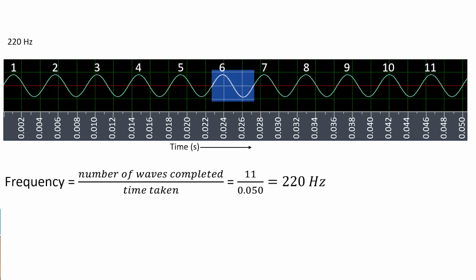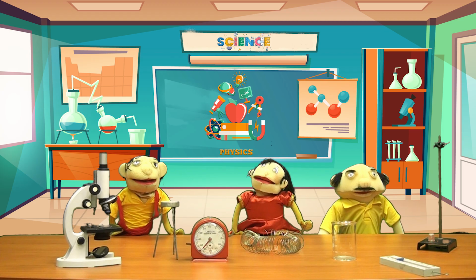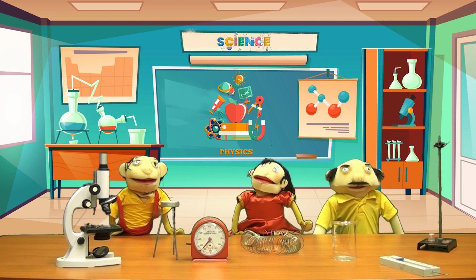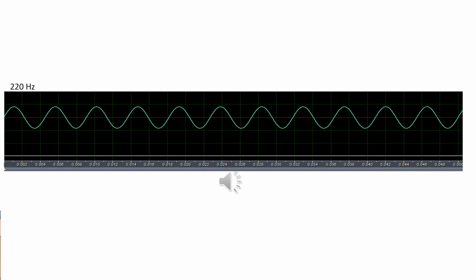Thus, its frequency is 11 divided by 0.050, which is 220 Hertz. Before we go on to the next pure note, let us listen to 220 Hertz again so that you can understand the difference in the notes.